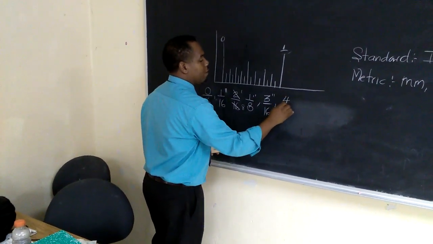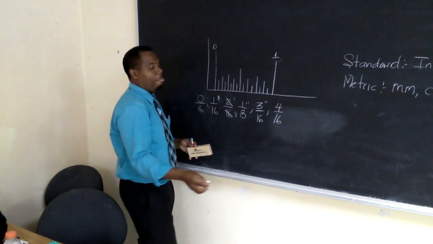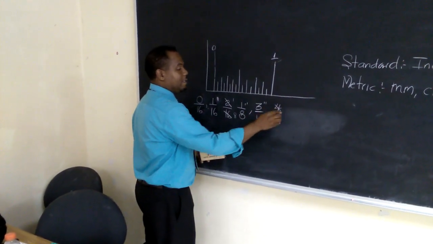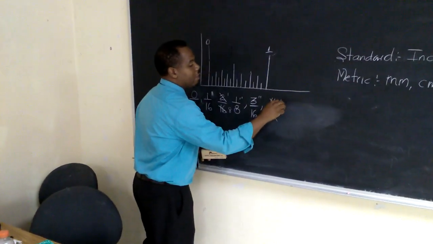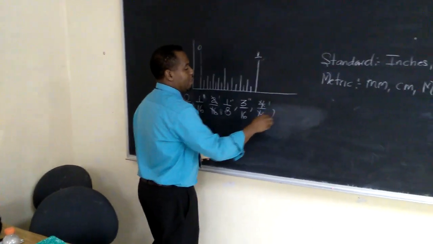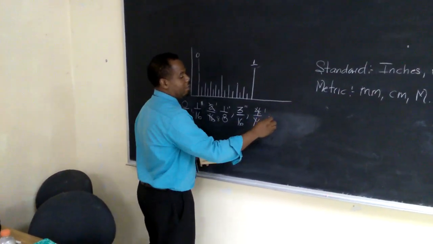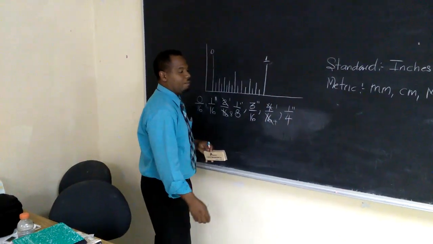We move on to 4. What we'll notice here is that 4/16 can be simplified. And so 4 can go into itself once, it can go into 16 4 times. And so instead of saying 4/16 of an inch, we say 1/4 of an inch.